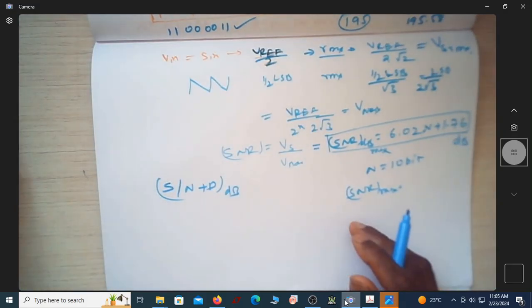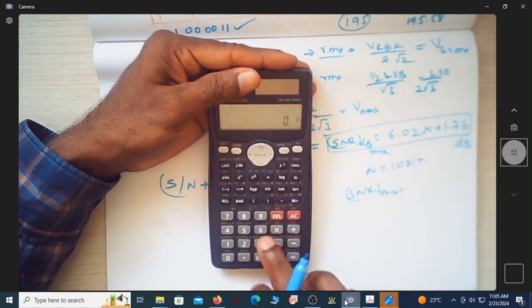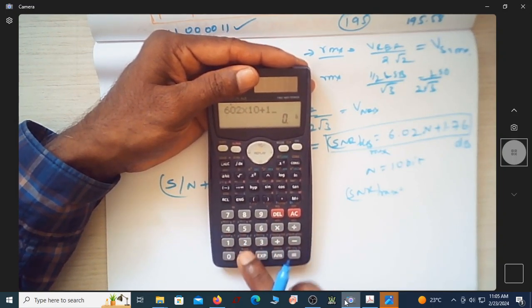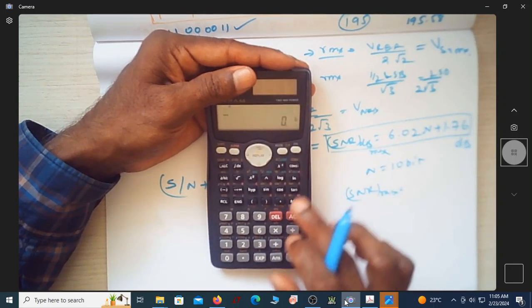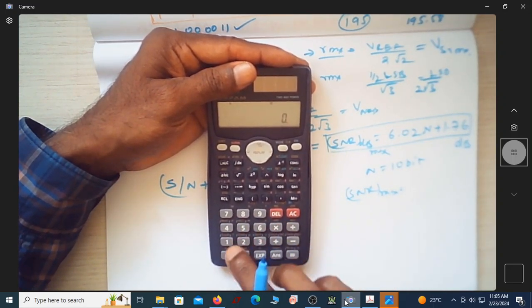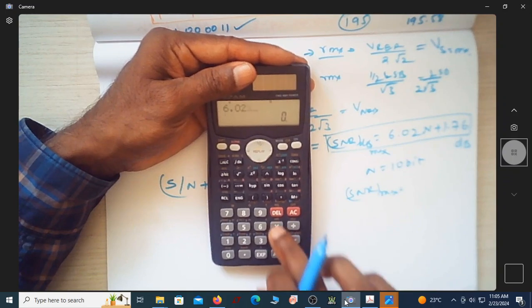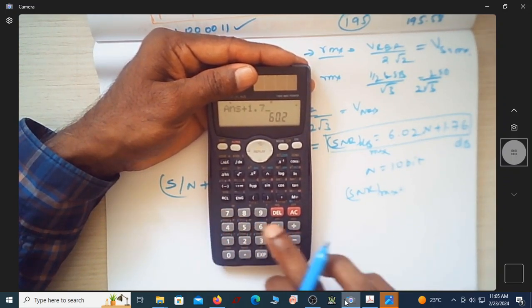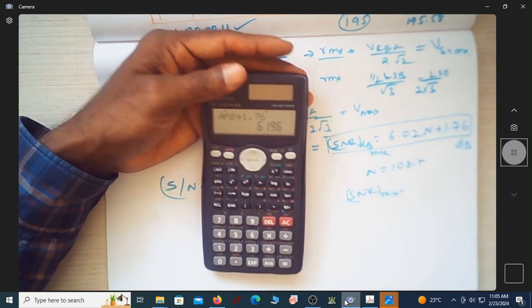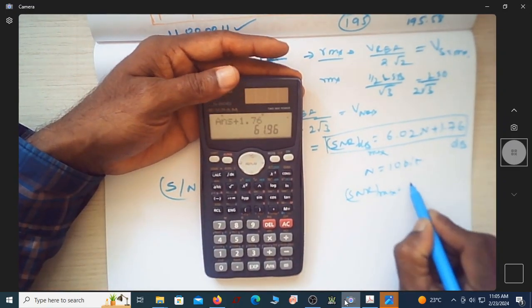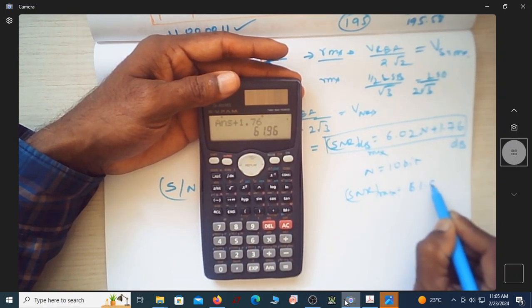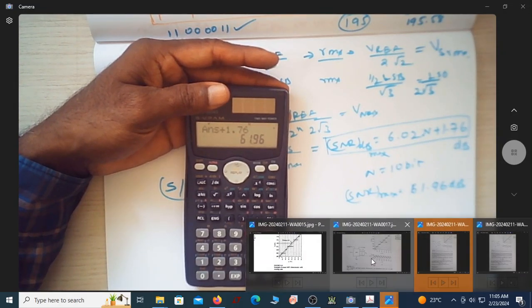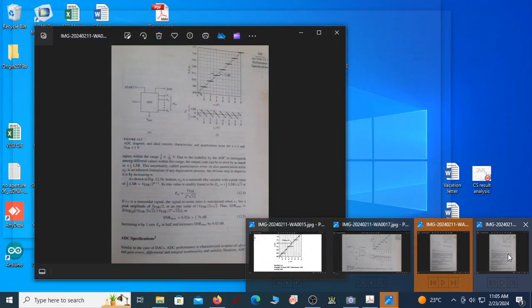It comes out to be 6.02 into 10 plus 1.76. Let me just do this. This is 61.96 dBs. Let me just verify this.